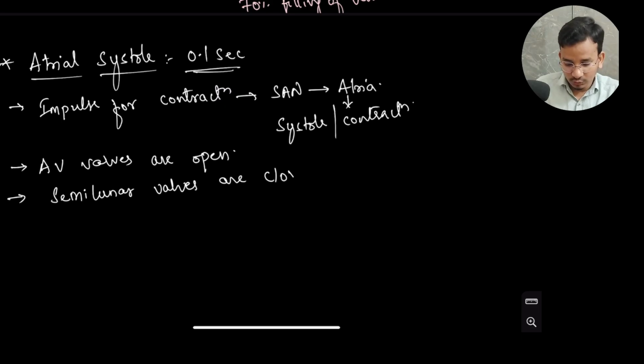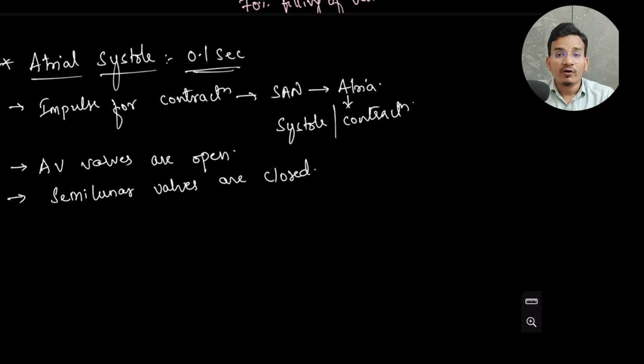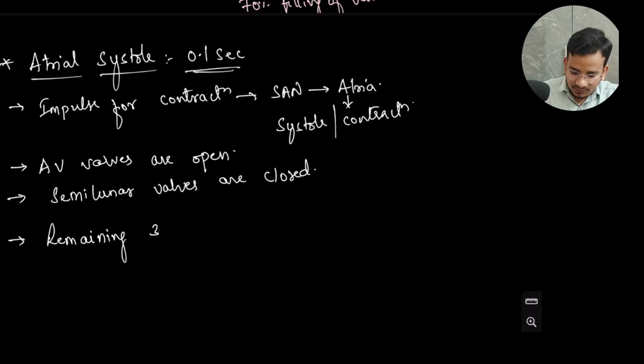So due to the contraction of the atria, more blood is entering into the ventricles. That's why the remaining 30% filling of the ventricles is completed.